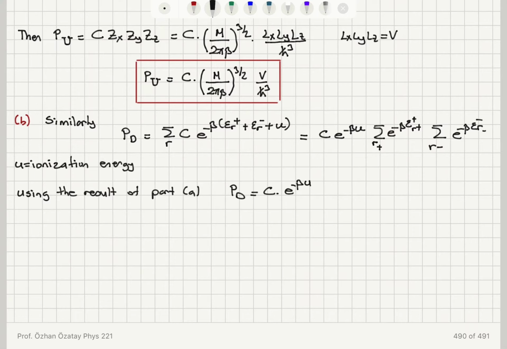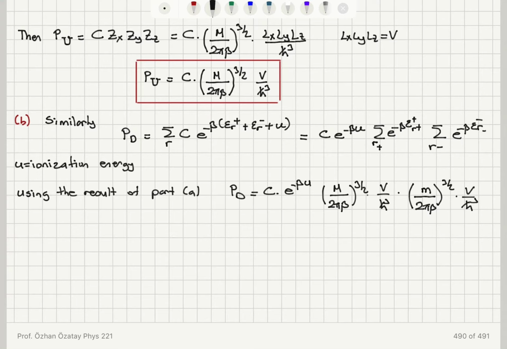So that's precisely what I have performed in part A for this summation, and the answer was capital M divided by 2 pi beta to the power 3 over 2, v over h bar cubed. And then I have performed the same thing, but now I have to be careful. This is for the electron, the mass has changed, so it is lowercase m divided by 2 pi beta to the power 3 over 2, v over h bar cubed.